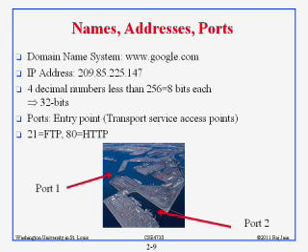Now, every computer has many applications, many processes running. So how do you find which process you want to talk to? Every process has something called a port. If you want to talk to a particular process, you give its port number.